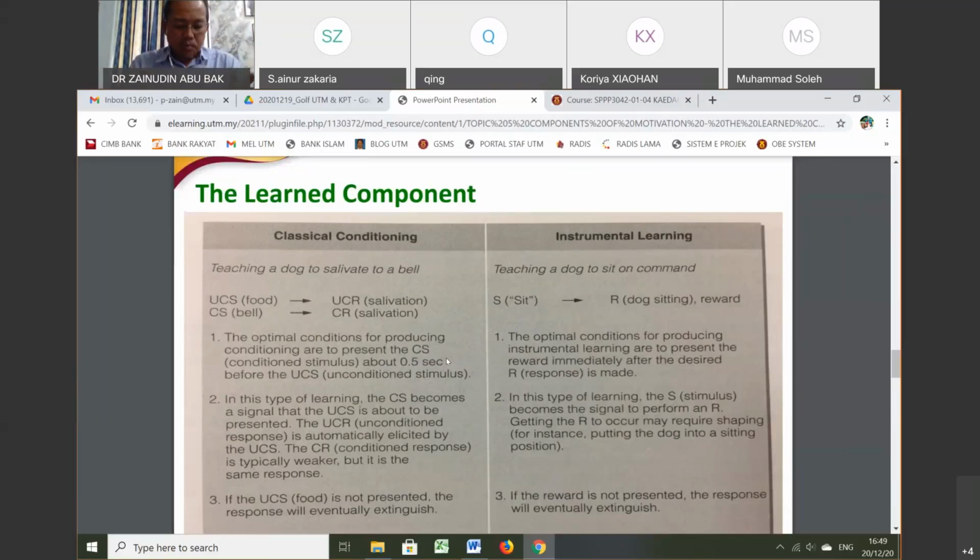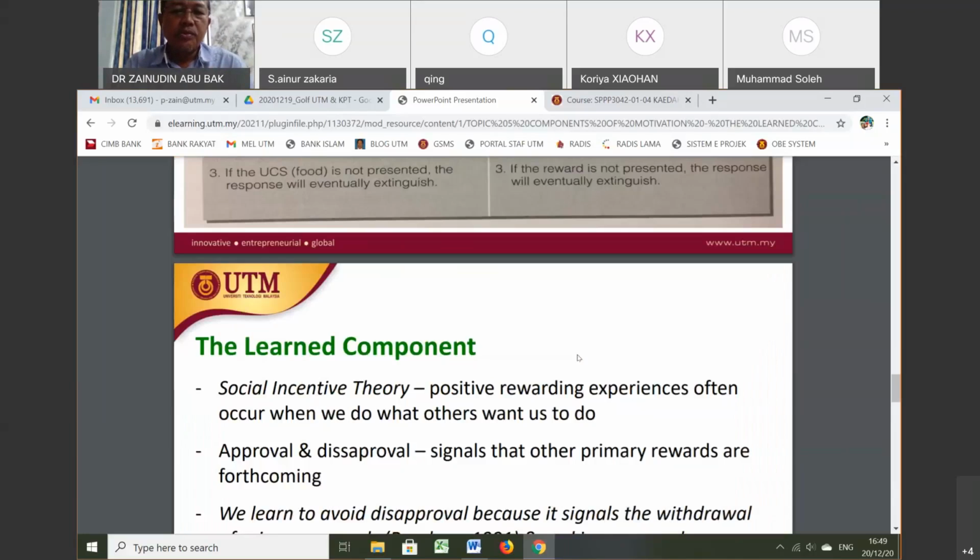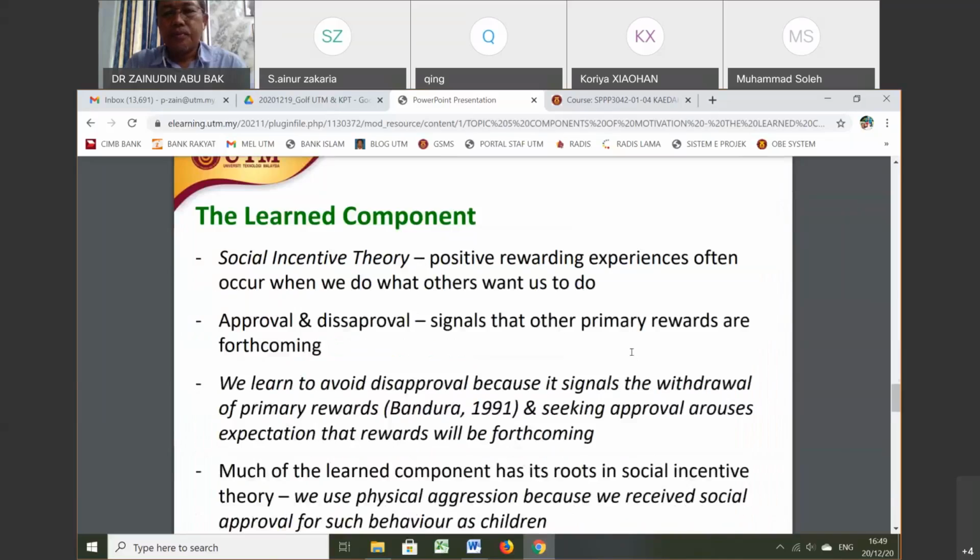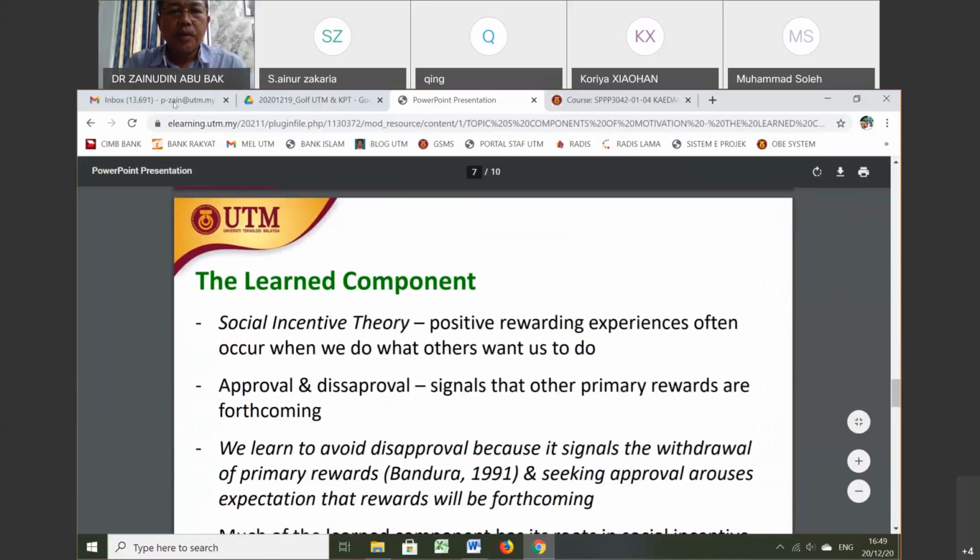Not just that, but that is only the process, okay, in order to create what is called positive behavior, right? Positive attitudes among the learners, among our children, among our students. Okay.